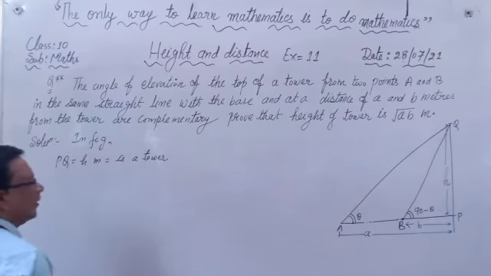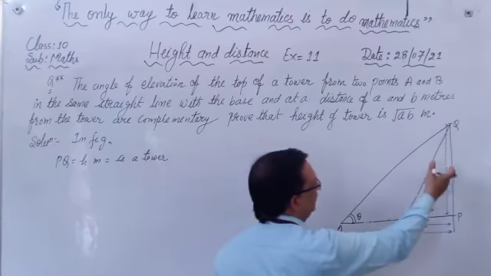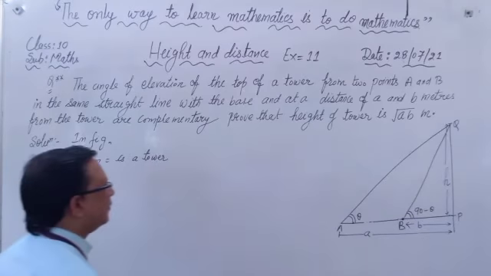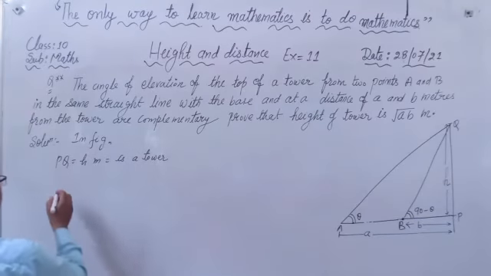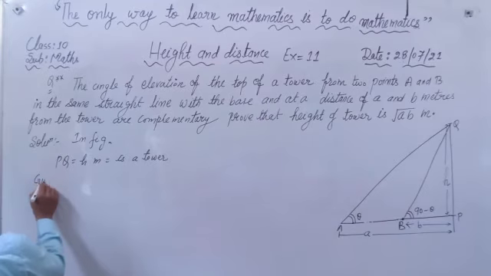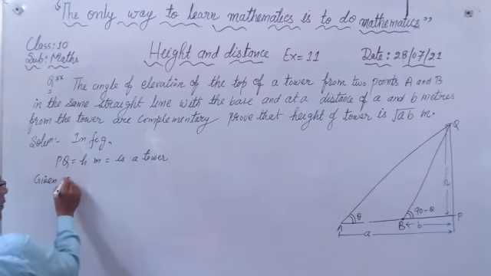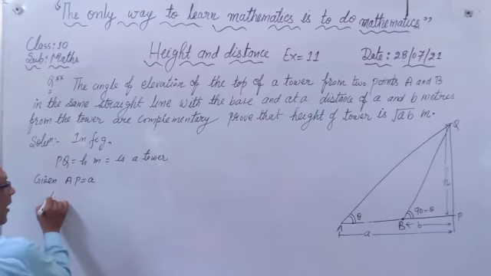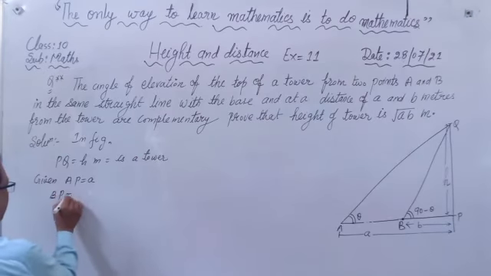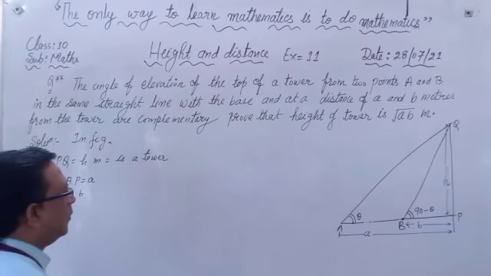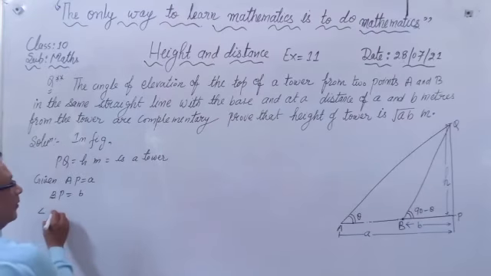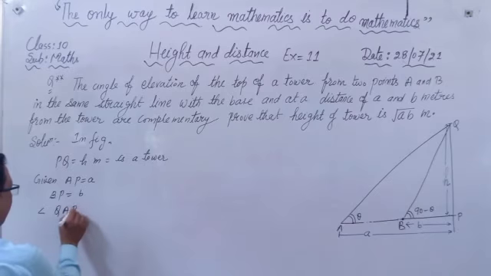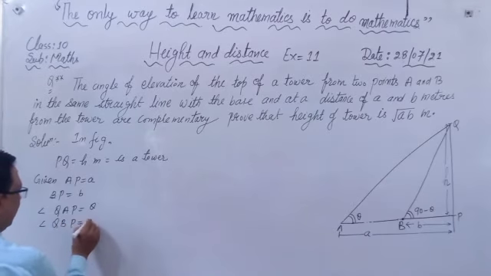Given AP is equal to A, this is given in the question, and BP is equal to B. Also angle QAP is equal to theta and angle QBP is equal to 90 minus theta.